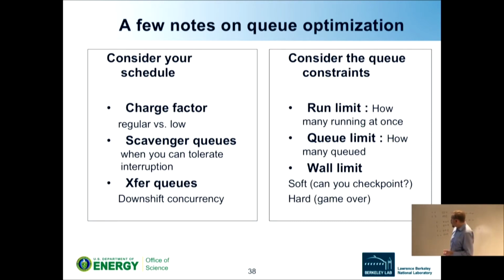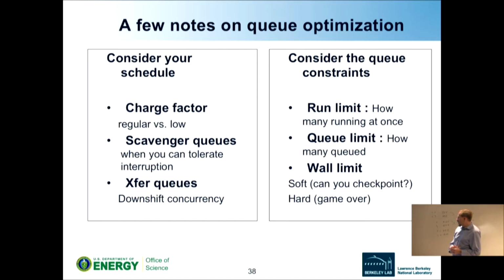And so some notes on this: at NERSC, if you want to optimize in batch queue space, there are two things that you can look at. One is your schedule. You can make things run faster by throwing money at the problem, which is, you can change the charge factor. If you can run at a low charge factor, you can get more performance out of a given allocation.